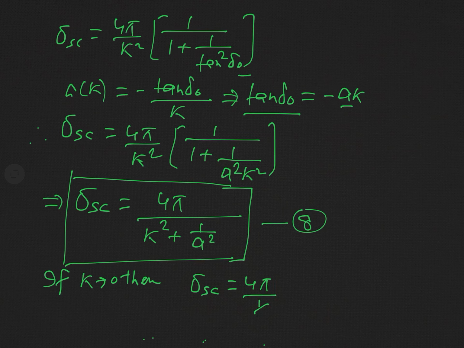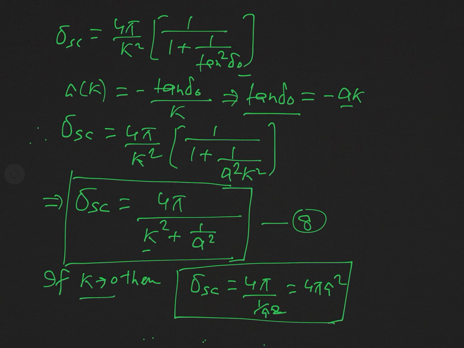This sigma sc will be simply 4 pi by 1 by a square, because we will take this value k 0, and this will be simply 4 pi a square. And this result we have already found just now previously in this limiting condition. So in general, when you say k is equal to k, sigma sc is this much, and when we take the limiting condition k tends to 0, then sigma sc is 4 pi a square, which we have already discussed earlier.